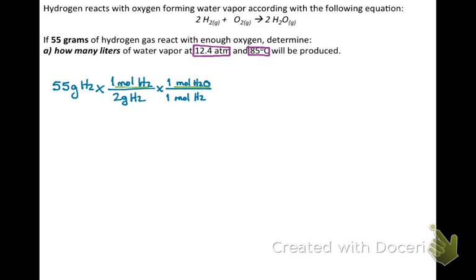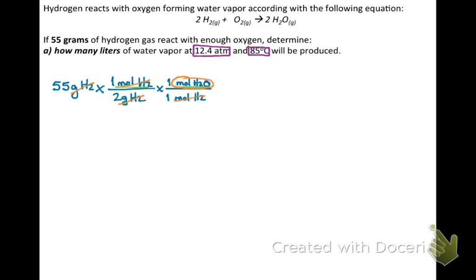And with these moles, we can then go to the ideal gas formula. So this is very, very simple. We just divide 55 by 2. If I cancel units, it's grams of hydrogen, moles of hydrogen, moles of hydrogen.